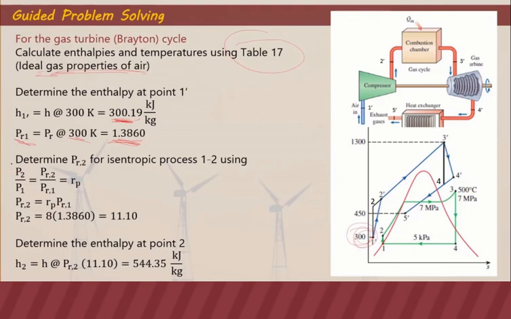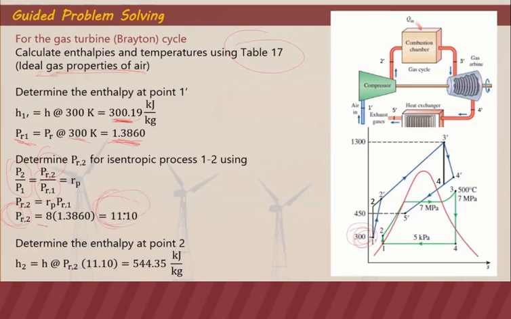That's the ratio of the pressure at point 2 to the pressure at point 1, and that is also equal to the Prandtl number at point 2 over the Prandtl number at point 1. From the pressure ratio, which is given as 8, we just get PR2. We multiply it with PR1 from state 1, and that is 11.10.